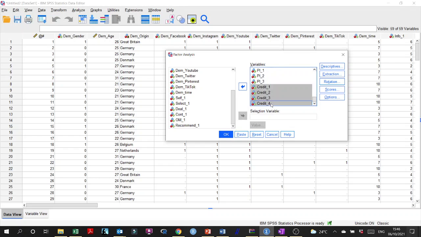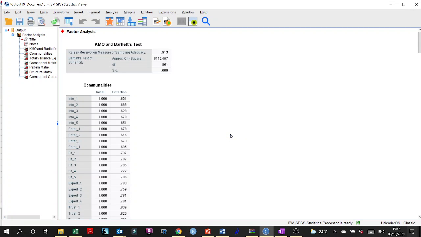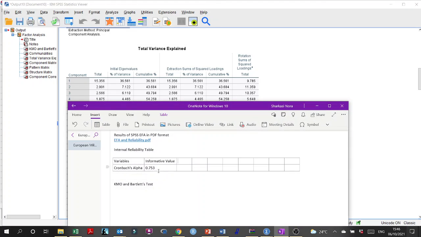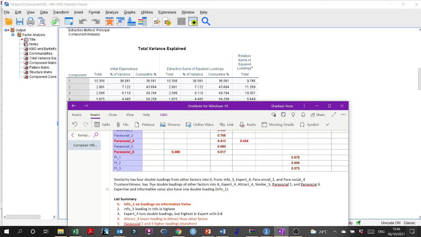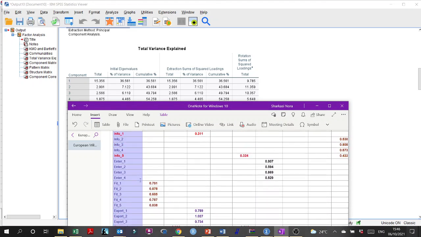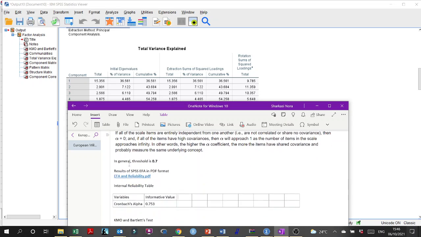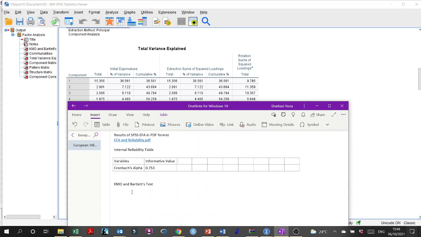I want you to add the credibility here and hit OK and take a look. The total variance explained is now 71. It is less. It was 72, I believe. I shouldn't believe anything. I should have it written here, but I forgot to write it here. Okay. Anyway, yeah, it would be nice to just document everything.